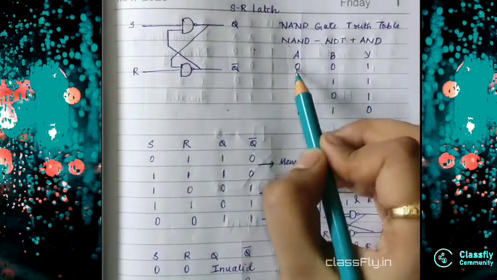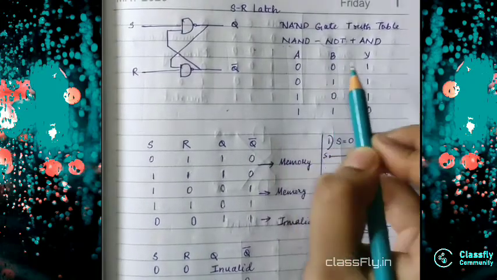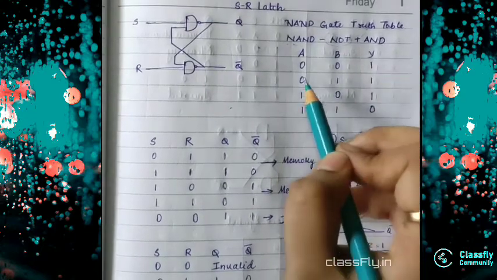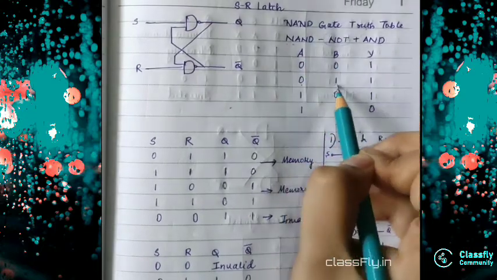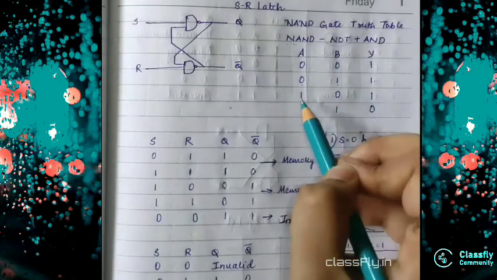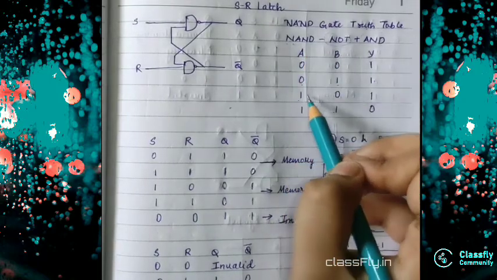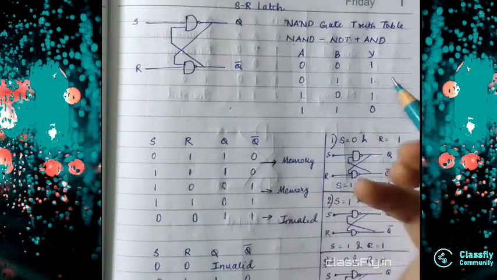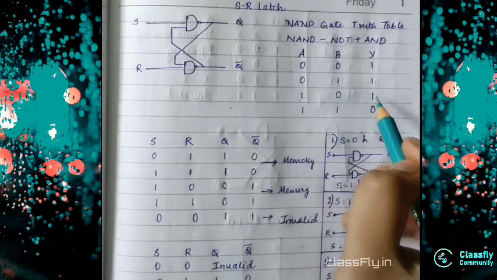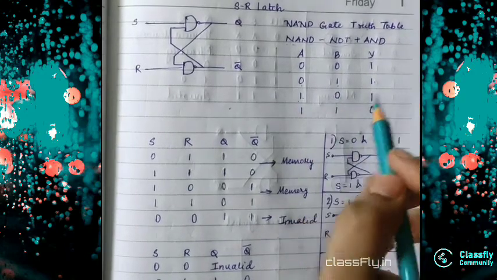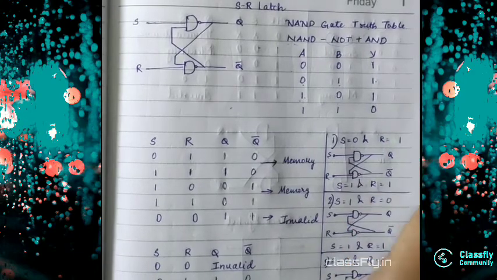So when both variables are 0, the output is 1. When one variable is 0 and the other is 1, we get 1. Similarly, when the first variable is 1 and the other is 0, we get 1. And only if both variables are 1 do we get 0.